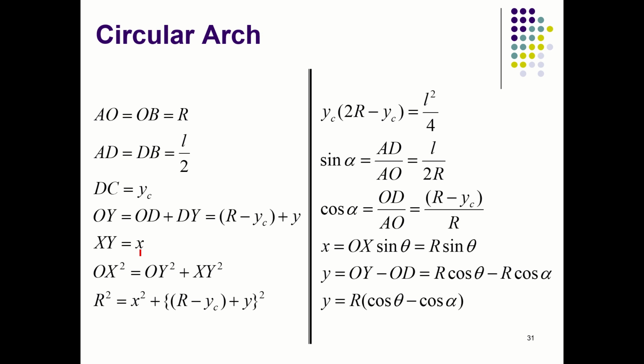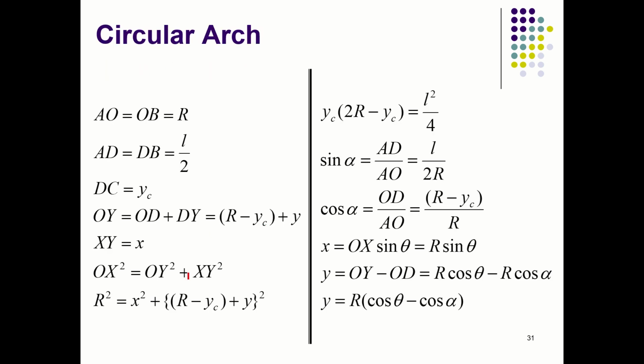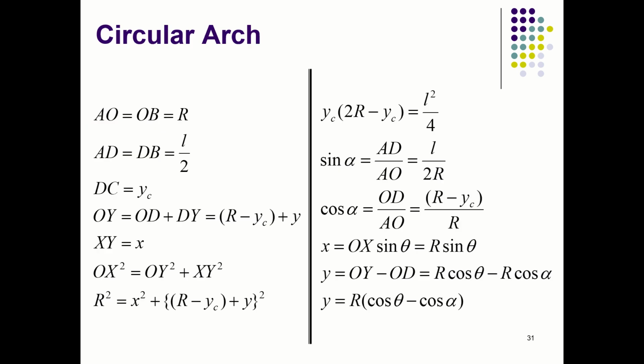And XY is equal to small x. Now, as we know, OX square is equal to OY square plus XY square. This is the triangle OXY. If this is the hypotenuse, this is the perpendicular and this is the base.